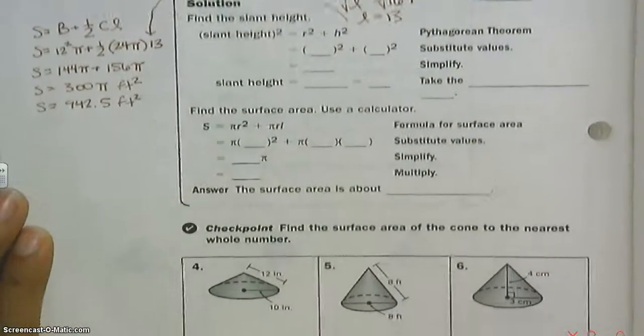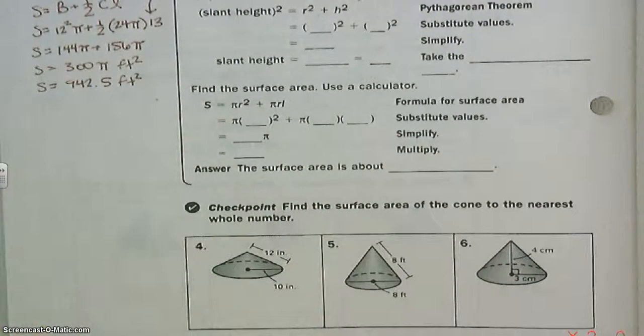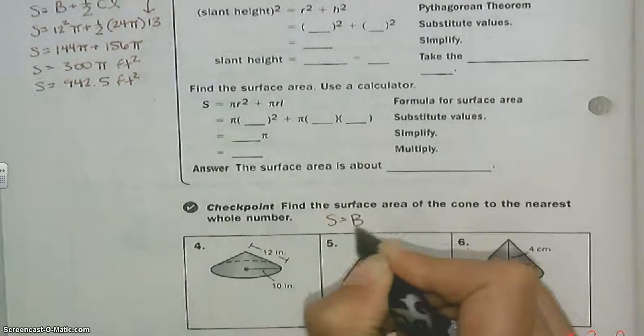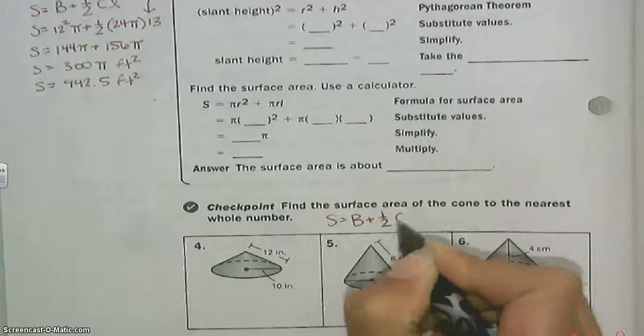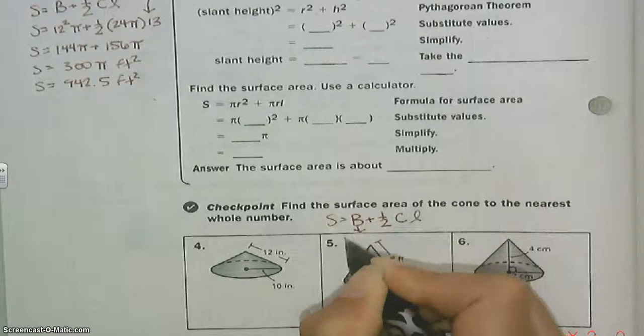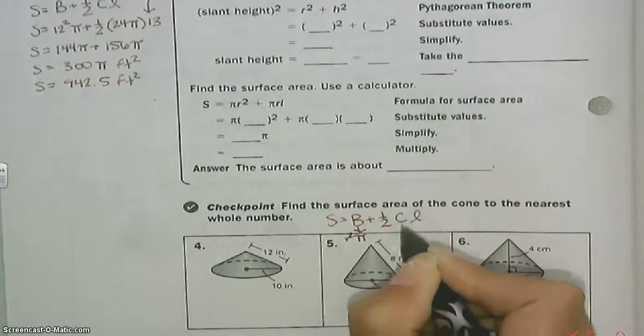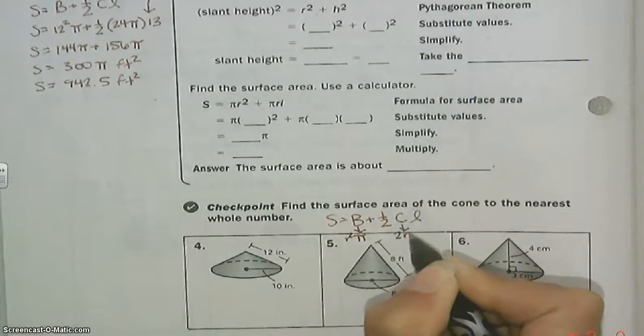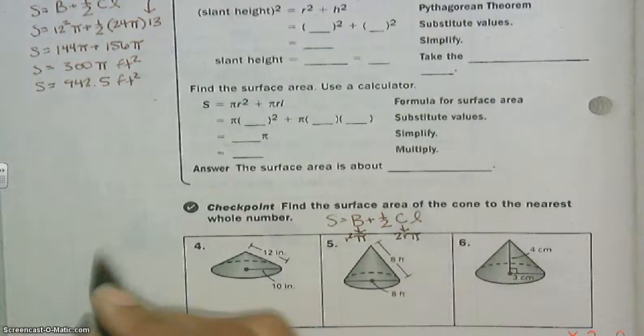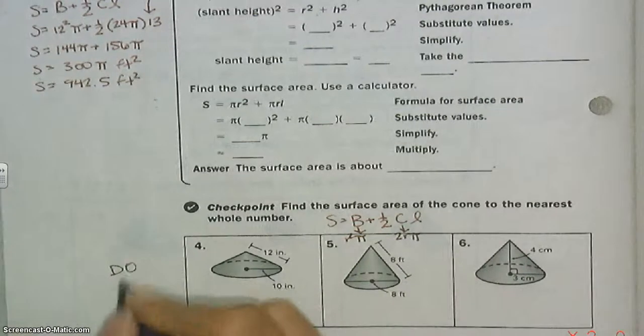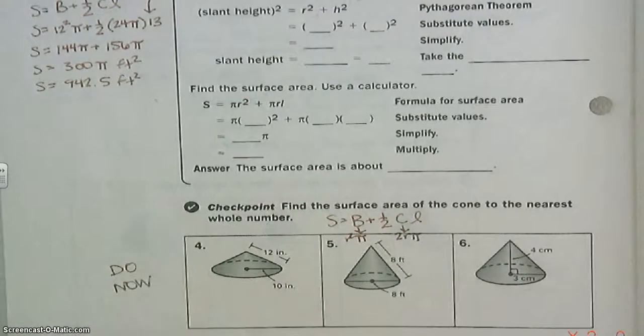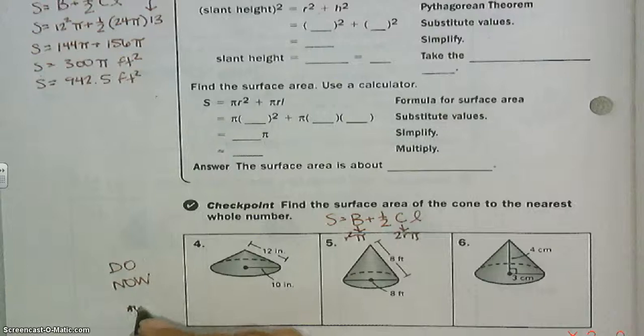All right, now it's your turn. Remember your formula. B plus 1/2 CL. B is always R squared pi. C is always 2R pi. So please do this now. Don't forget your units.